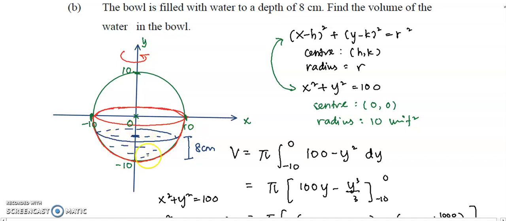So how do I get the volume of the water? The water is in this bowl, and the bowl follows the function x^2 + y^2 = 100. So we just need to integrate from -10 to this value, which will be -2, because from -10 to -2 is 8 cm.